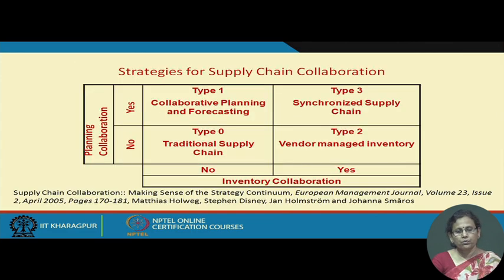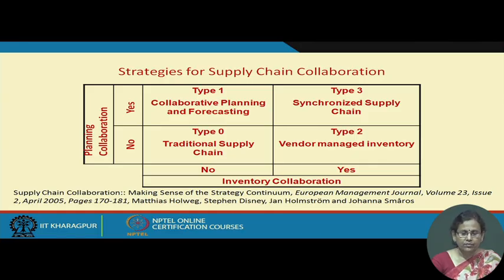If we try to put the supply chain collaboration in these two dimensions, that is planning collaboration and inventory collaboration, then the traditional supply chain is the one where there is no inventory level collaboration and no planning level collaboration.